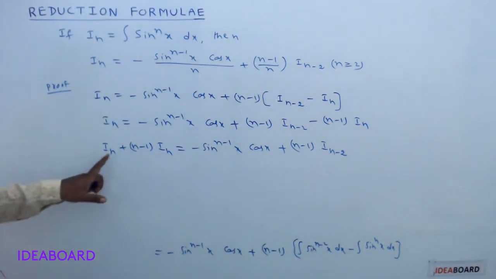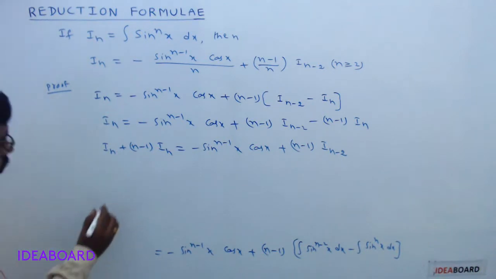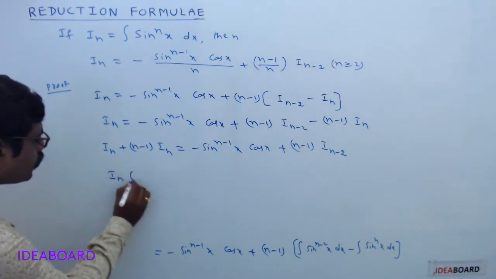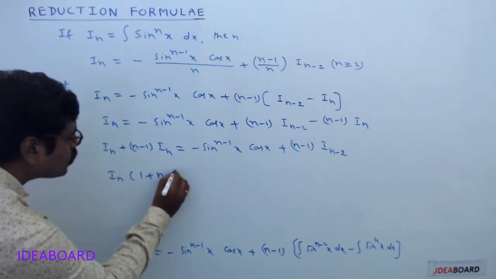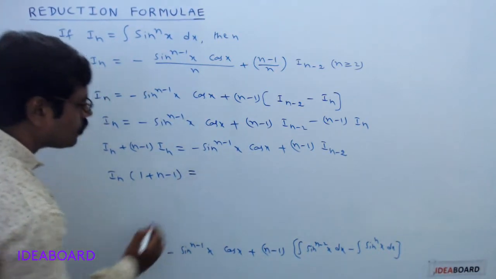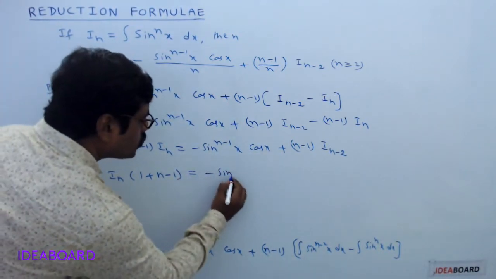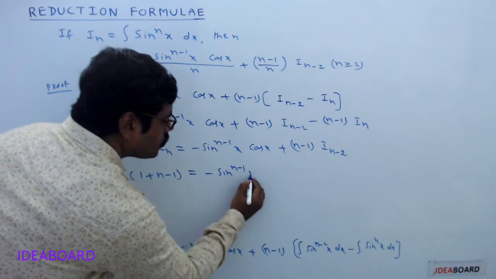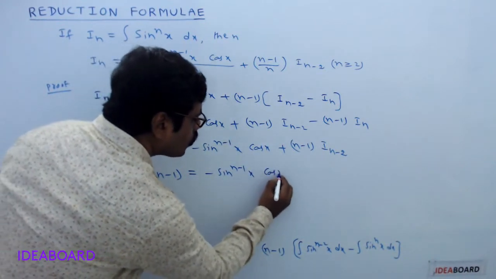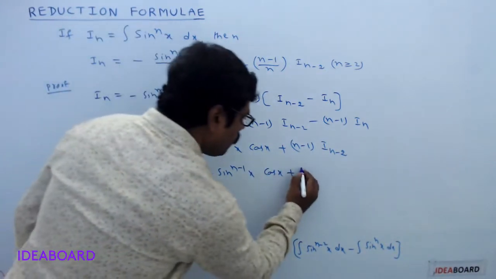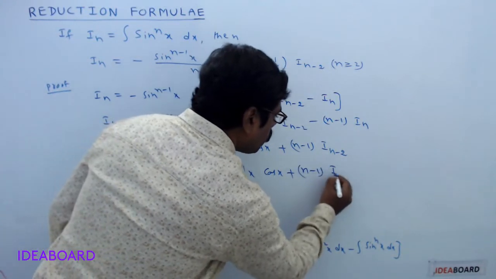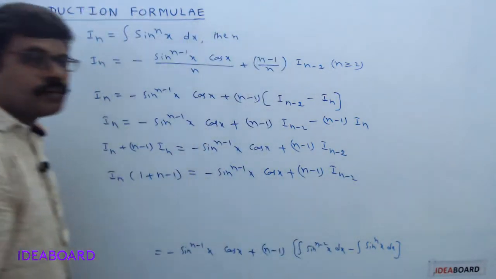Now take the common factor I_n from the LHS part. This is I_n into (1 plus n minus 1) equals minus sin^(n-1)x into cos x plus (n-1) into I_(n-2).